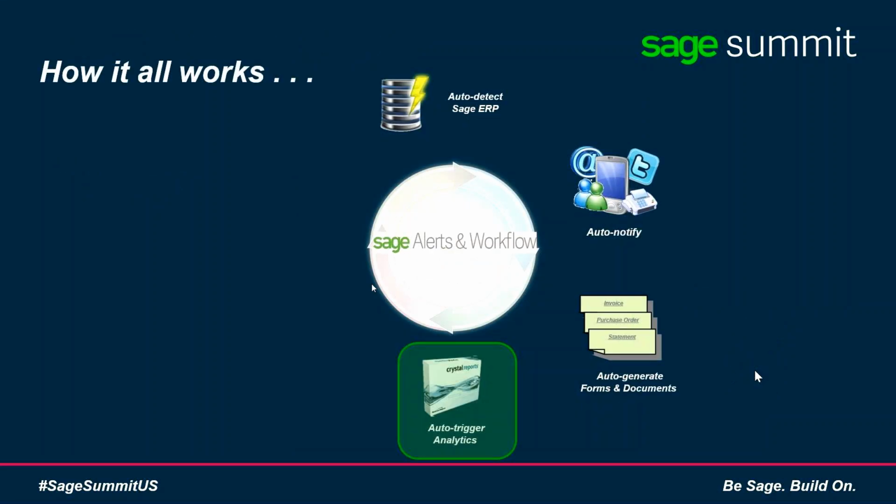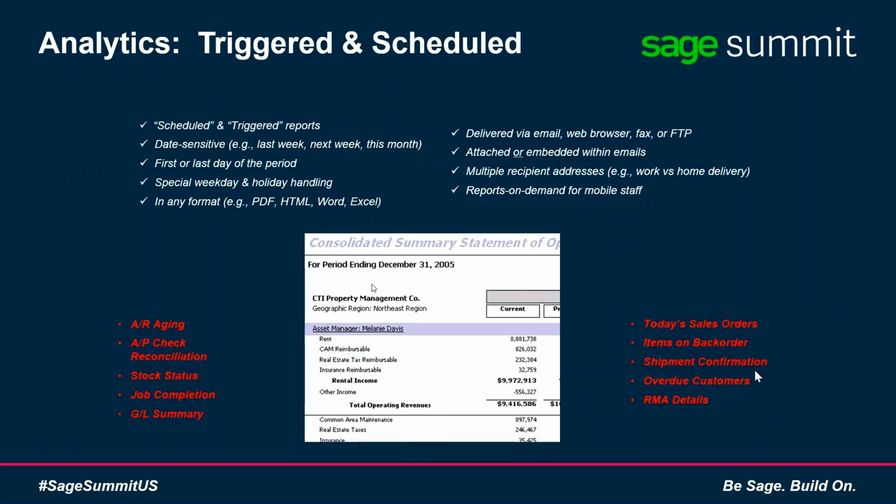Now, sometimes additional analytics are required, such as we talked earlier about running an AR aging report for a delinquent customer. All of your existing reports for Sage 300 can be automatically generated and delivered by Alerts and Workflow. And although there's a lot of information on the current slide, I just want to touch upon the very first bullet up at the top left, scheduled and triggered reports.